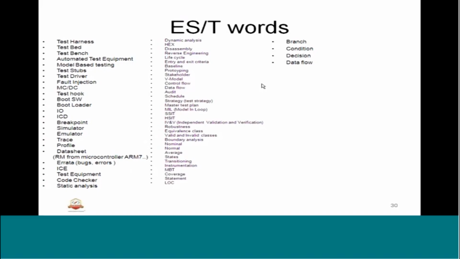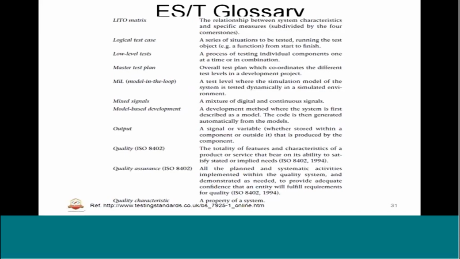We have added some more glossary terms, such as logical test case, low-level tests, master test plan, MIL, model input, mixed signals, model-based development, MBD, output quality, ISO 8402 standards, quality assurance, quality characteristics.